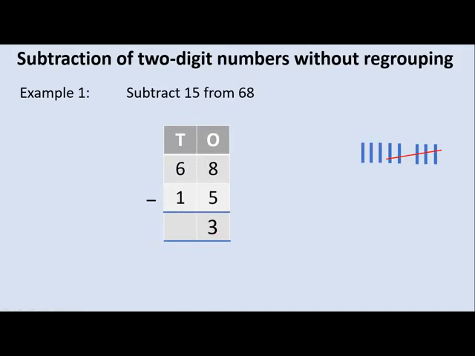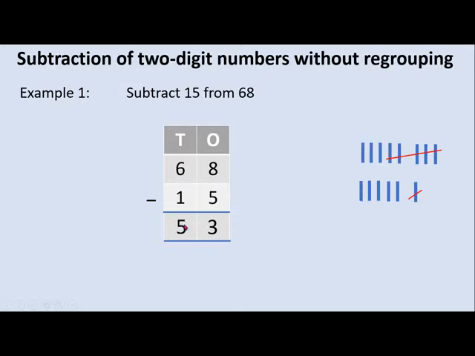And now we will subtract the digits in tens column. In tens column we have 6 minus 1. So I will draw 6 lines here. 1, 2, 3, 4, 5, 6. And I will cross 1 because we have 1 here. So I will cross 1 line and count the remaining number of lines. 1, 2, 3, 4, 5.